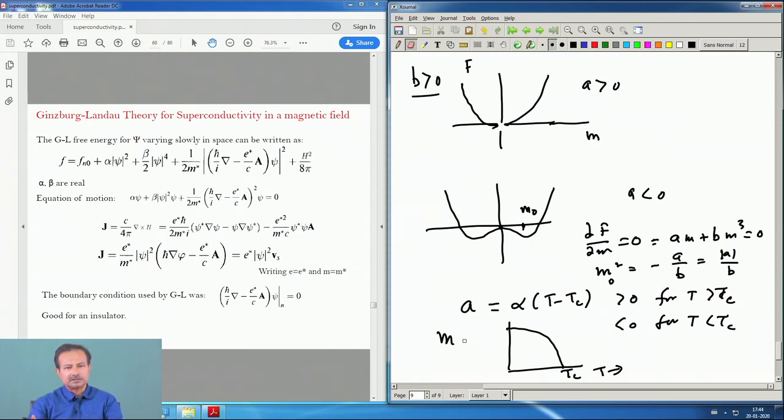So we will set mod psi squared equal to 0 above Tc, and mod psi squared finite below t equal to Tc. That sets up the theory for Ginzburg and Landau, and that is how superconductivity in a magnetic field is done, and that is what we will follow from the next class.